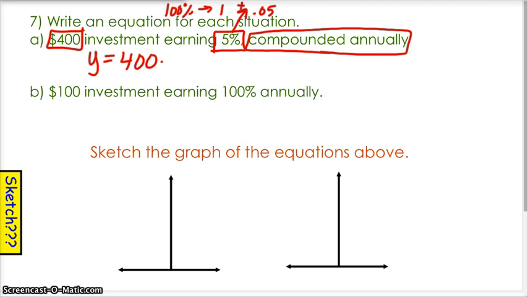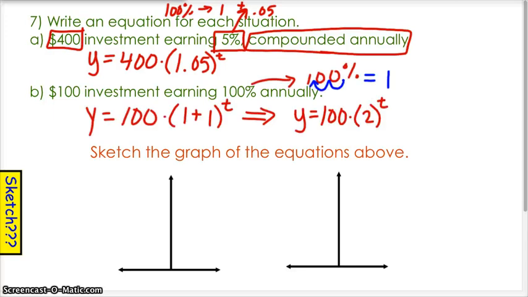When we add those two together, I'll multiply my $400 times 1.05, and it's compounded annually, so I'll raise that to the T power. Depending on how many years it's invested, that will then be able to be calculated to tell me the money I will have. You try B. Write the equation. Pause the video and do that now.